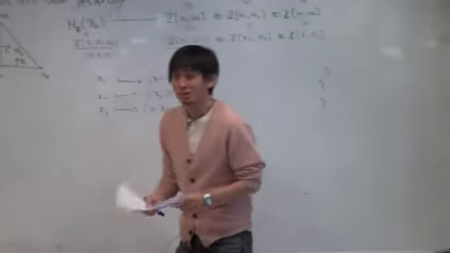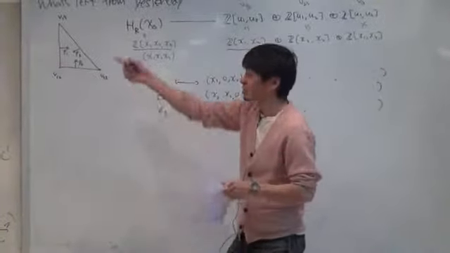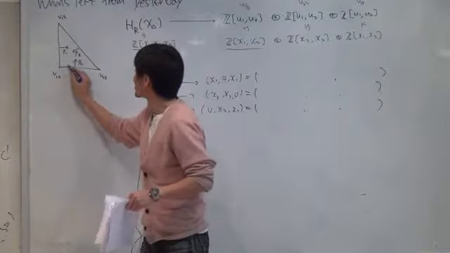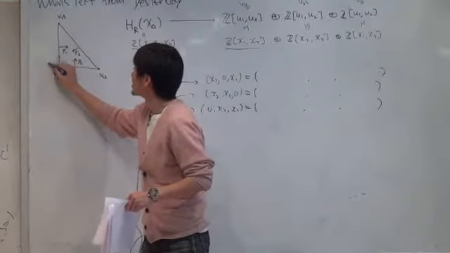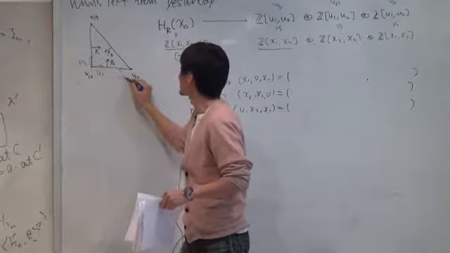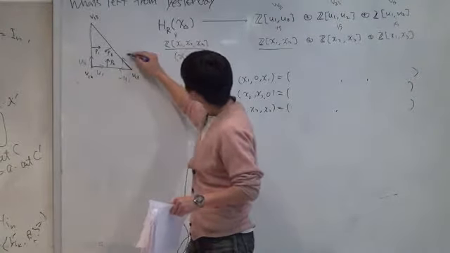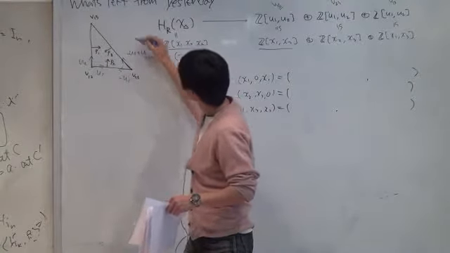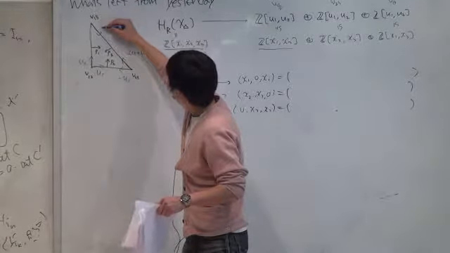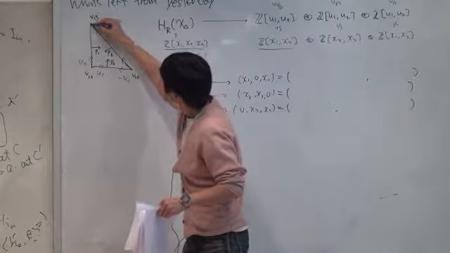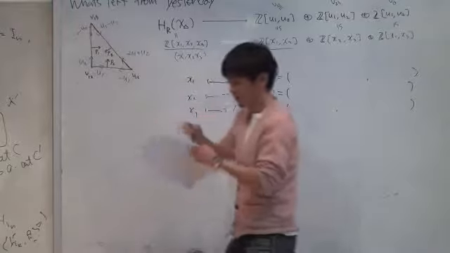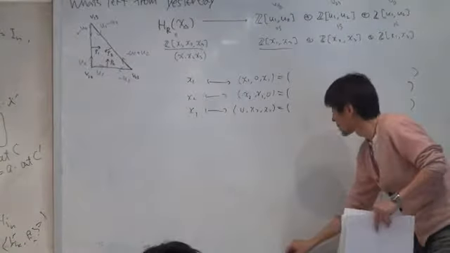Okay, so now I think we can do this, right? In this polytope, I don't need to calculate the inverse of this B sigma. We already know that this is U1, this is U2, this is minus U1, this is minus U1 plus U2, this is U1 minus U2, this is minus U2. Okay?